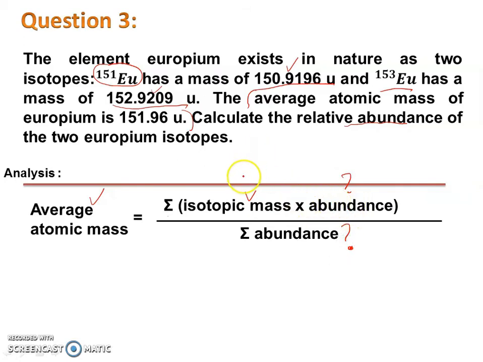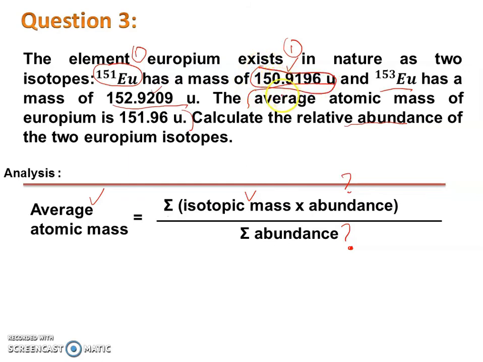I want to discuss the isotopic mass. Now we have two isotopic masses, and we choose the more accurate one, 150.9196 U.